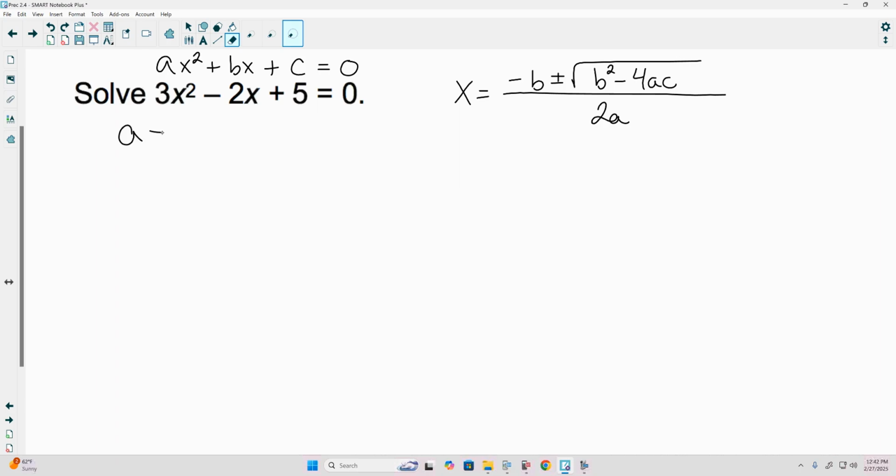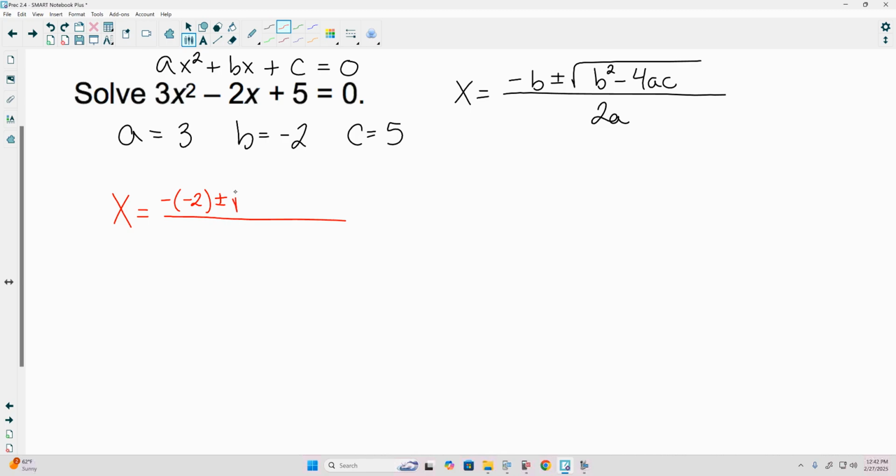So for us here, a is going to be 3, b is negative 2, and c is 5. So as we plug this in, we'd have x is equal to negative our b value, which is negative 2, plus or minus the square root of b squared, so negative 2 squared, minus 4 times a times c, all over 2a.